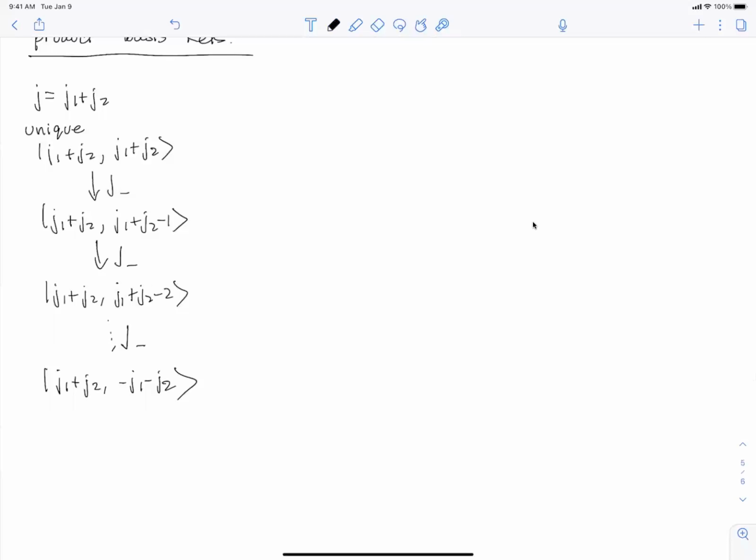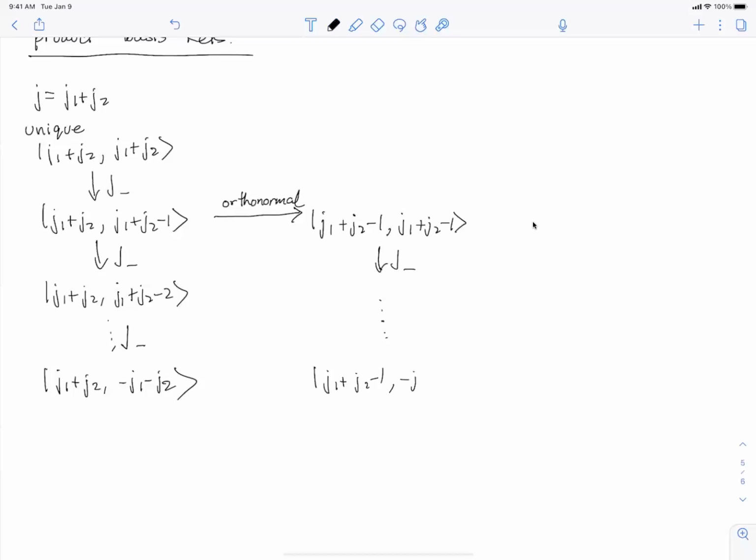Okay, and then we start with this one. We require orthonormality. And we get J1 plus J2 minus 1, J1 plus J2 minus 1. Then we go down acting with J minus each time until we get to J1 plus J2 minus 1, minus J1 minus J2 plus 1.